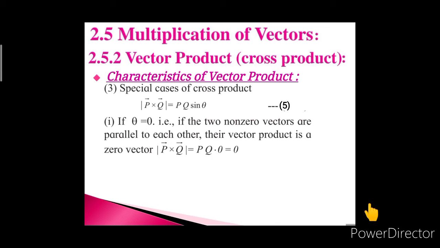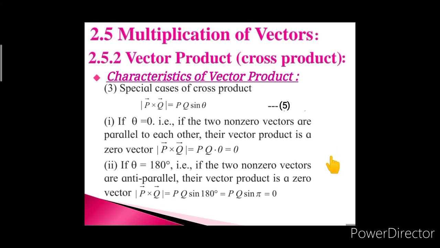The value of sin 0 degree is 0, and when it is multiplied with PQ, the magnitude of the cross product of the two vectors is 0. Hence we write the magnitude of vector P cross vector Q is equal to PQ into 0, which is equal to 0. That means when two non-zero vectors are parallel to each other, their vector product is a zero vector.